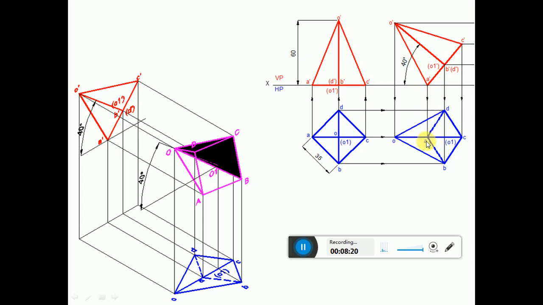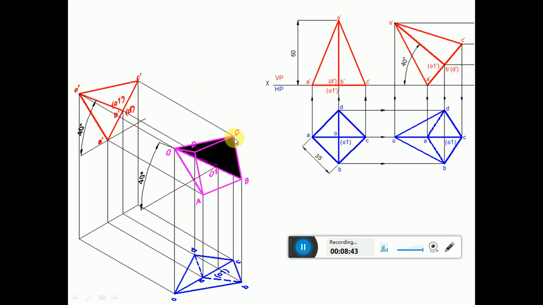Once A becomes invisible, from A we have three edges: one is AB, another is AD and the other is OA. Since A is invisible, naturally OA becomes invisible, but OC is visible and exactly coincides with this. This is quite evident here: OC and OA both are on the same line, on the same plane.